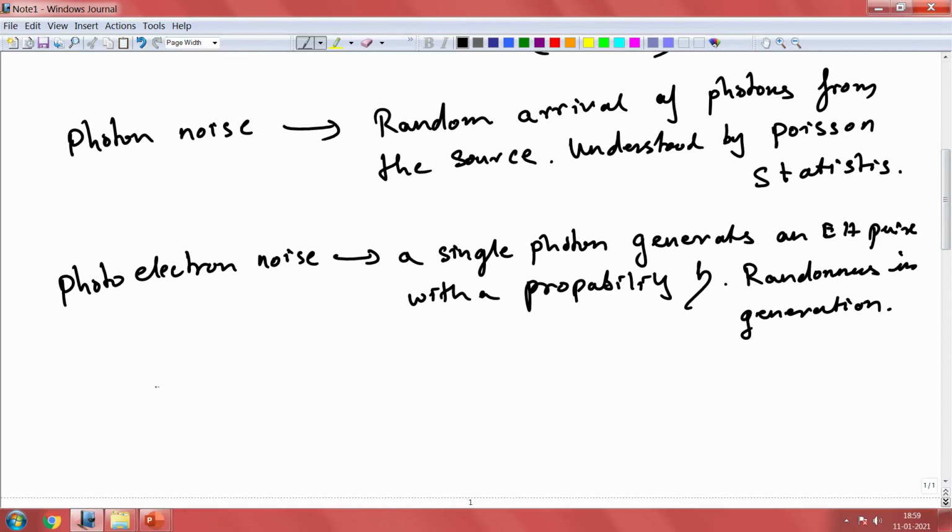The next noise is from the receiver itself. You can also add the gain noise. Gain noise is primarily the amplification that you have in the photodetector.